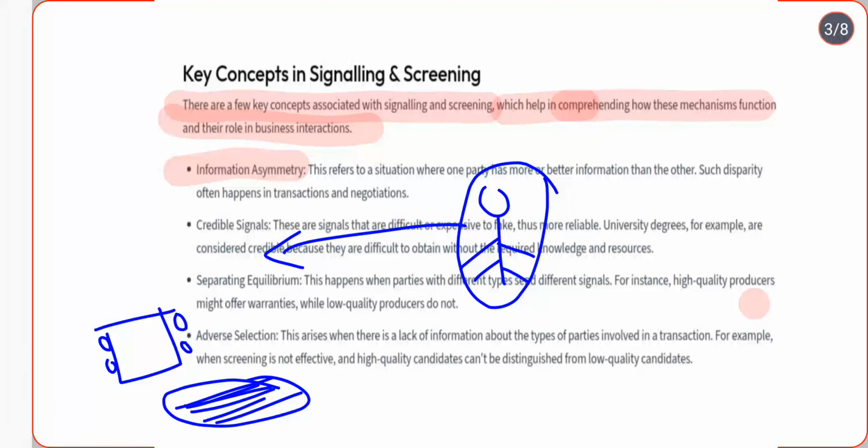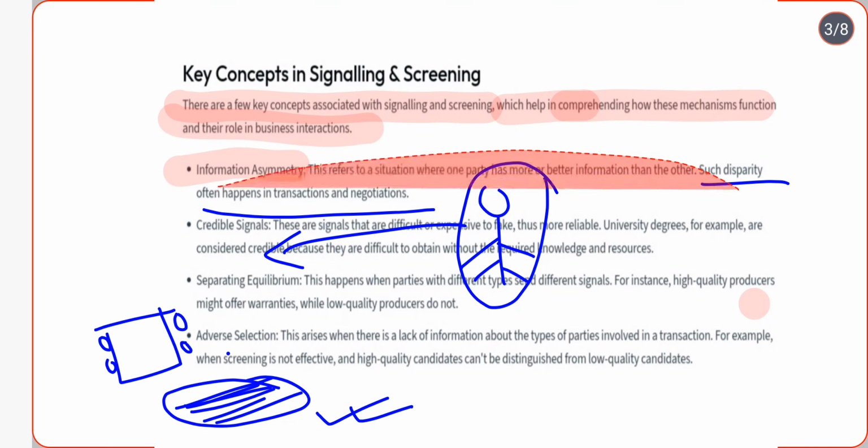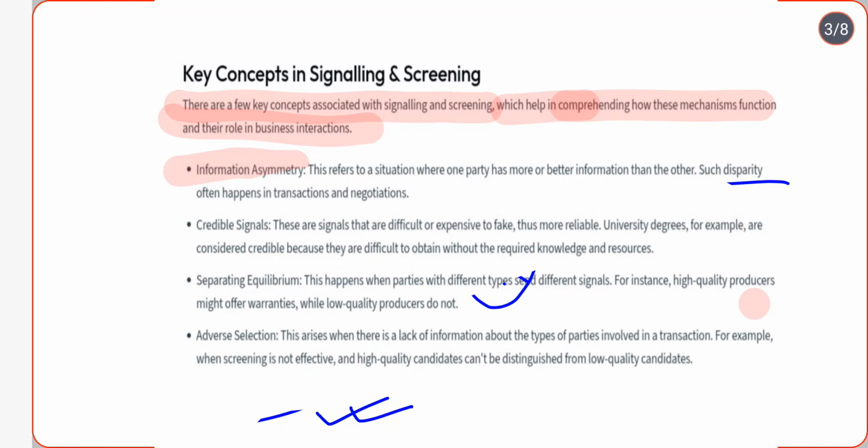So one party, that is me, the seller, has better information or more information about the product than the other, that is the buyer who is going to buy this car. This type of disparity may happen in transactions and in negotiations. Suppose in the car market, if you want to negotiate, then this type of situation can occur.